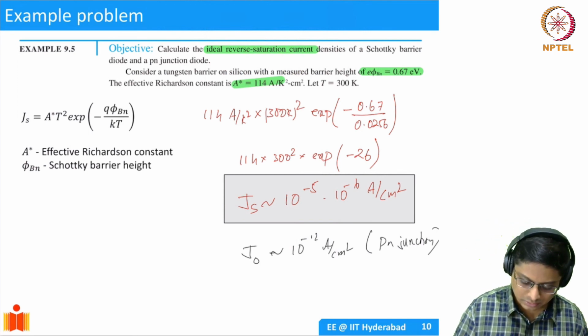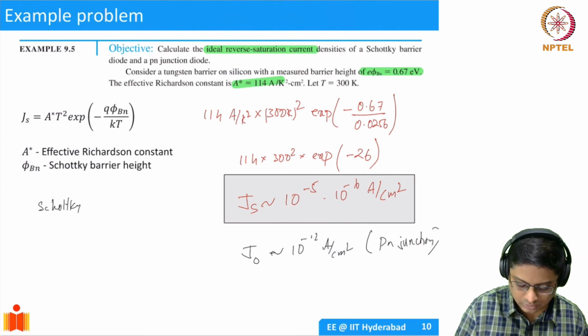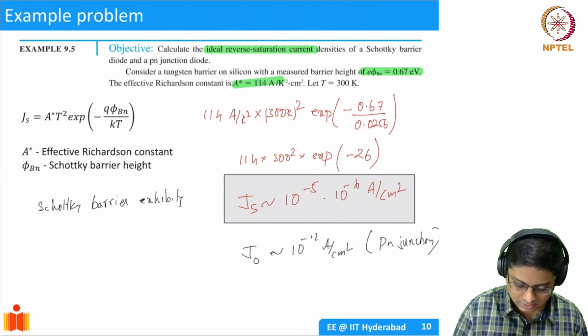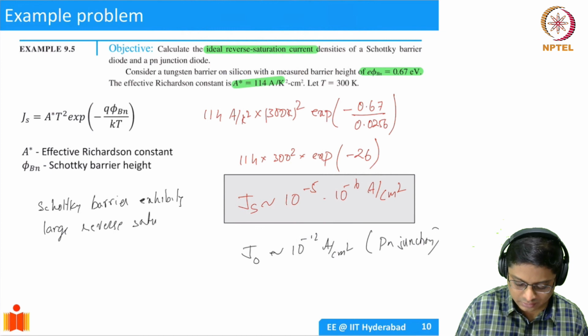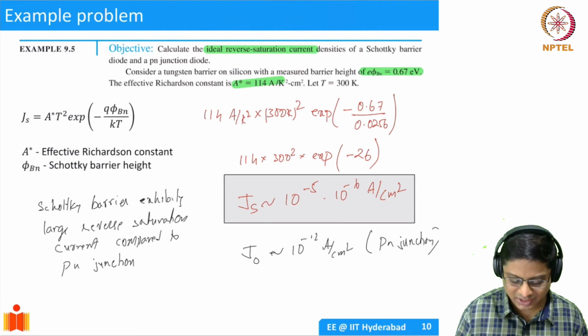So the Schottky barrier exhibits large reverse saturation current compared to a PN junction. This is an important takeaway from here.